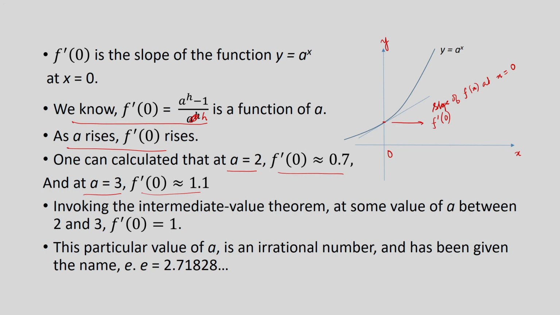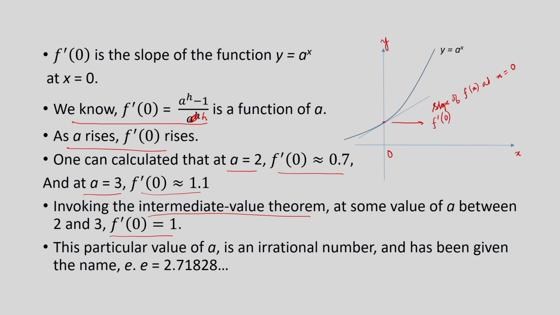Now, invoking the intermediate value theorem, at some value of a between 2 and 3, f dashed of 0 will be equal to 1. I have talked about the intermediate value theorem. f dashed of 0 is a continuous function of a. As a goes on rising, we have seen that this f dashed of 0 goes on rising.